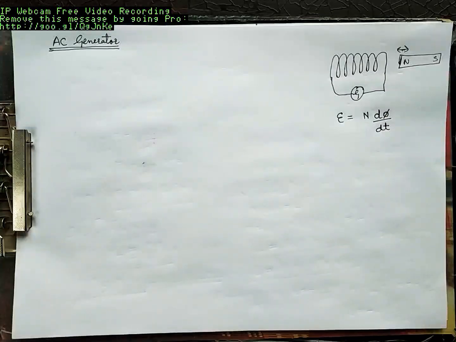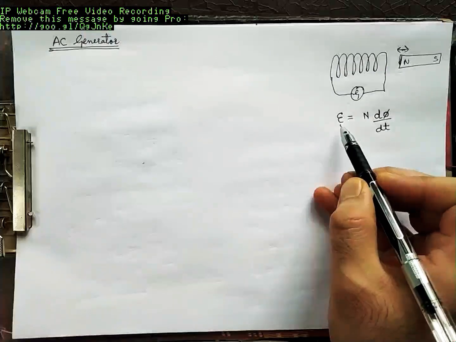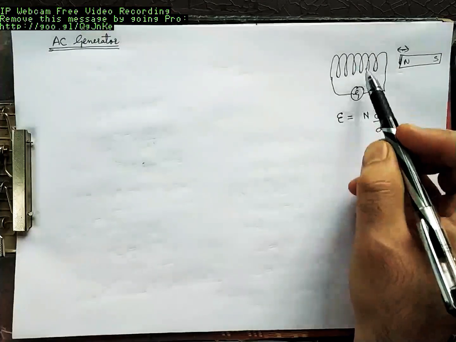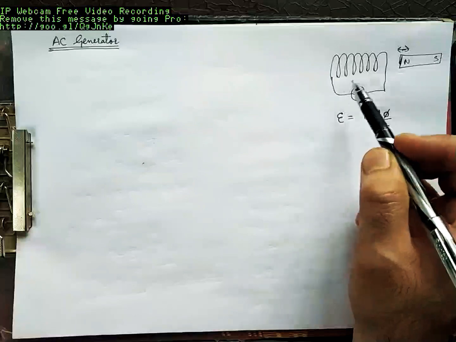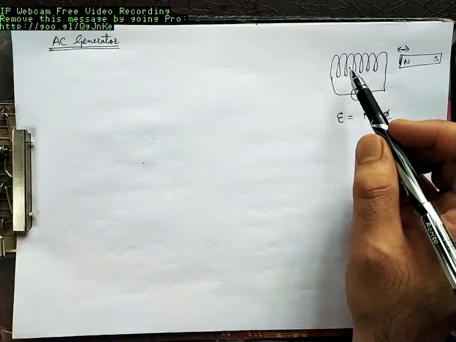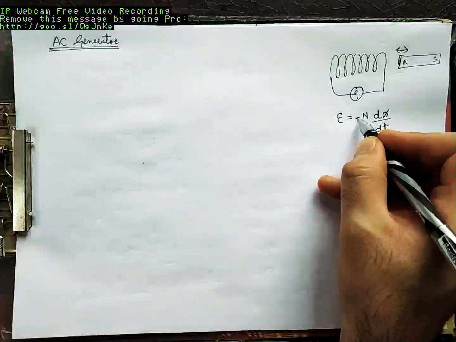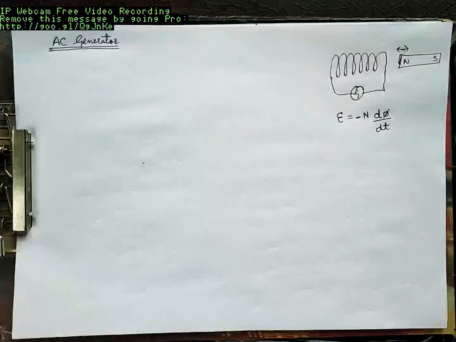Then we studied in Lenz's law that the direction of this induced EMF E is such that it will try to force current through this coil in such a way that the current will produce a magnetic field that will oppose the cause. So E is equal to minus N d phi by dt. This is from Lenz's law and Faraday's law.